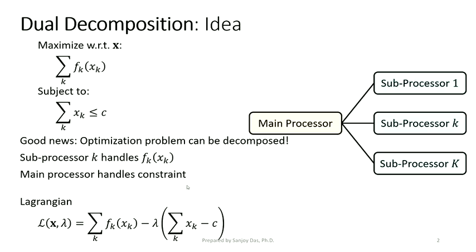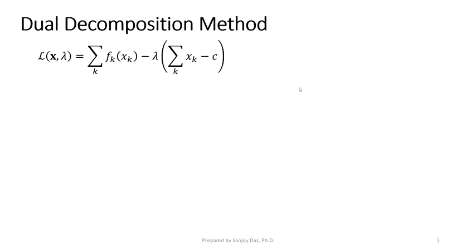And this lambda must be greater than or equal to 0. Okay? So this is the Lagrangian. Now let's play around with these terms to see how we accomplish dual decomposition.